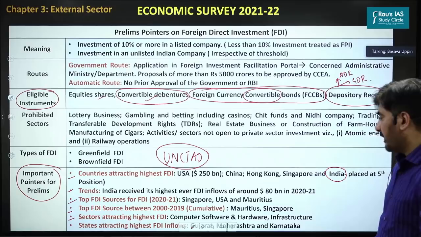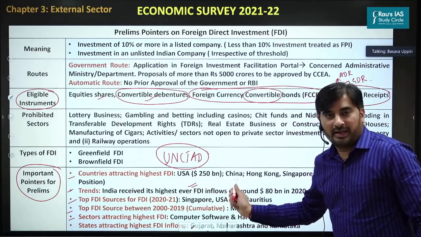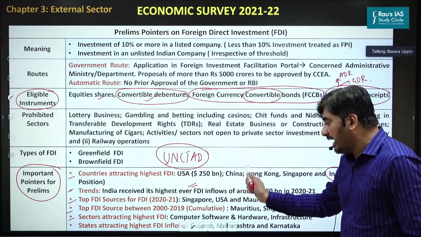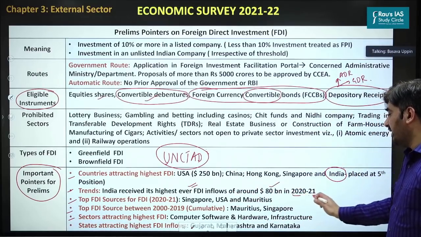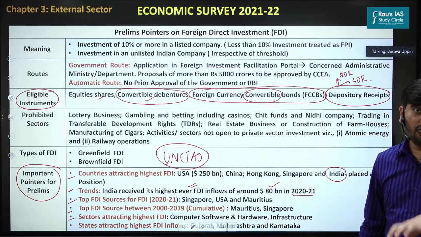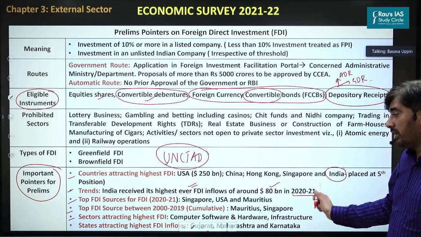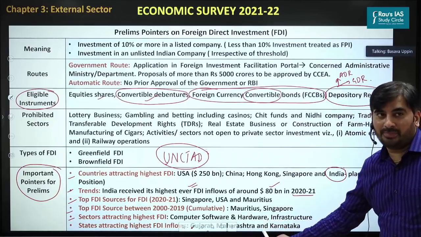Second, this is very important from the perspective of the Prelims examination, an important trend. India has received its highest ever FDI inflows of $80 billion in the year 2021. Highest ever FDI inflows so far, in the year 2020-21. Please remember these important facts which could be asked in the Prelims examination.